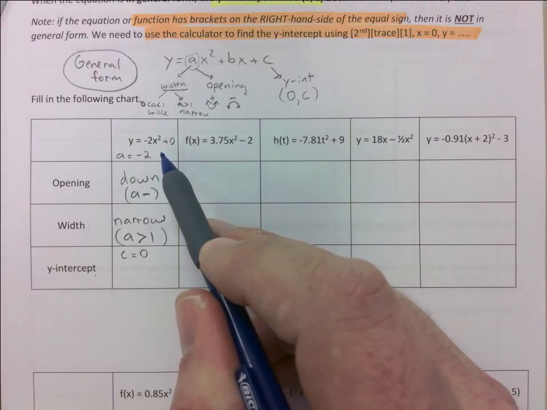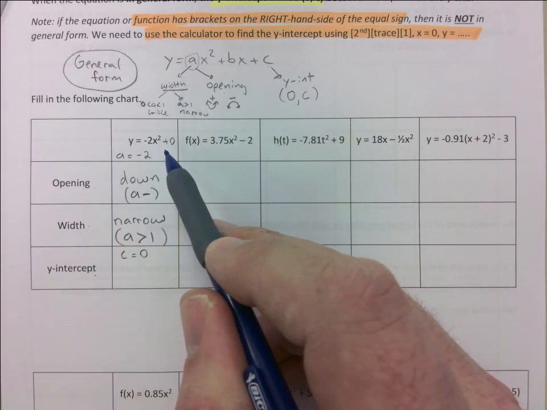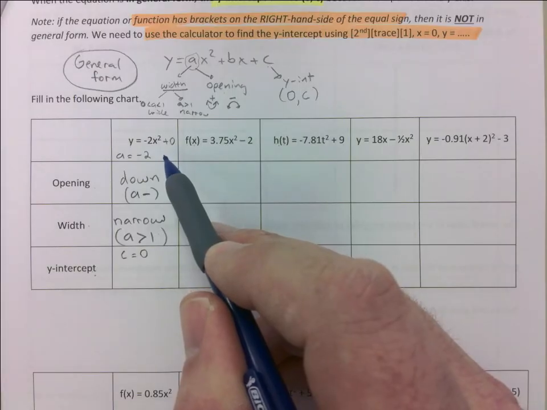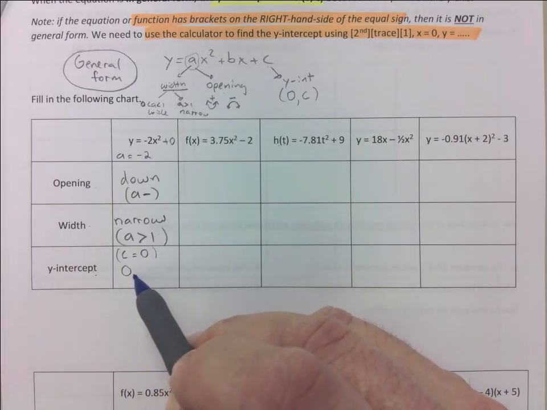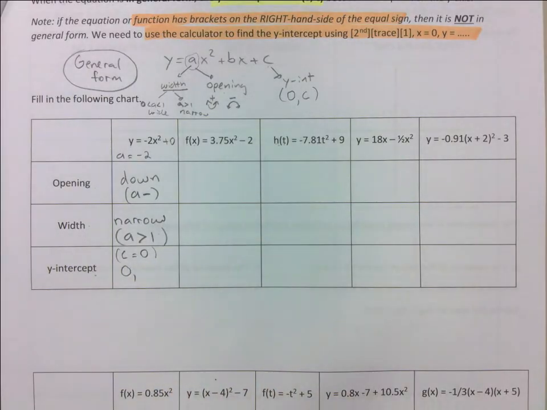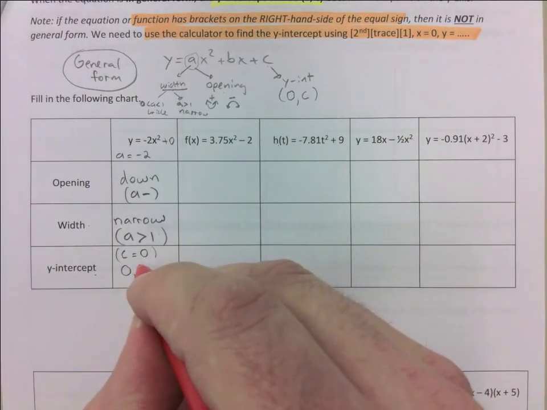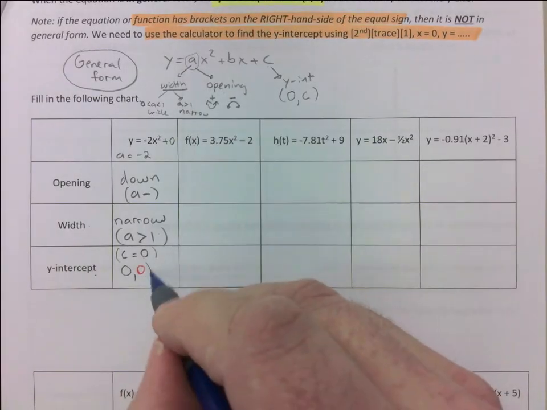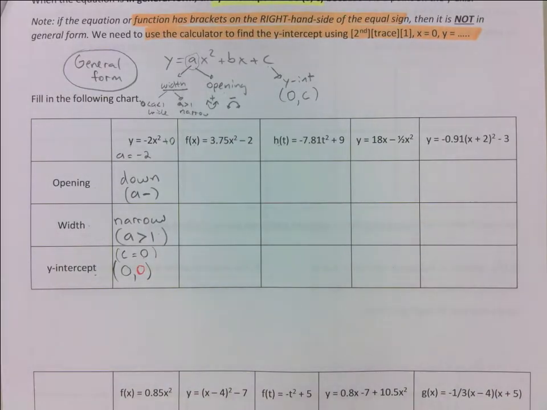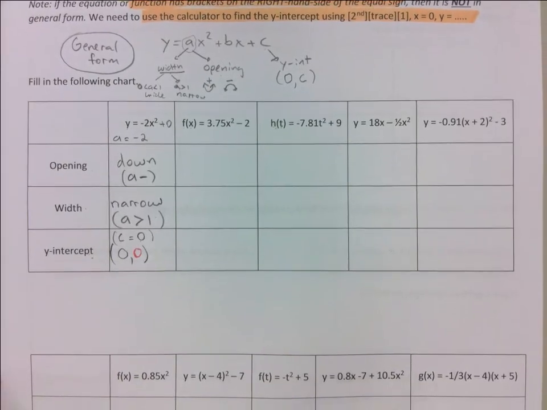B is equal to 0 as well. So both of those are 0. We don't care about B right now. But C is equal to 0. So the y-intercept is (0, 0), because we know that C is 0. And (0, 0) has a specific name for us.